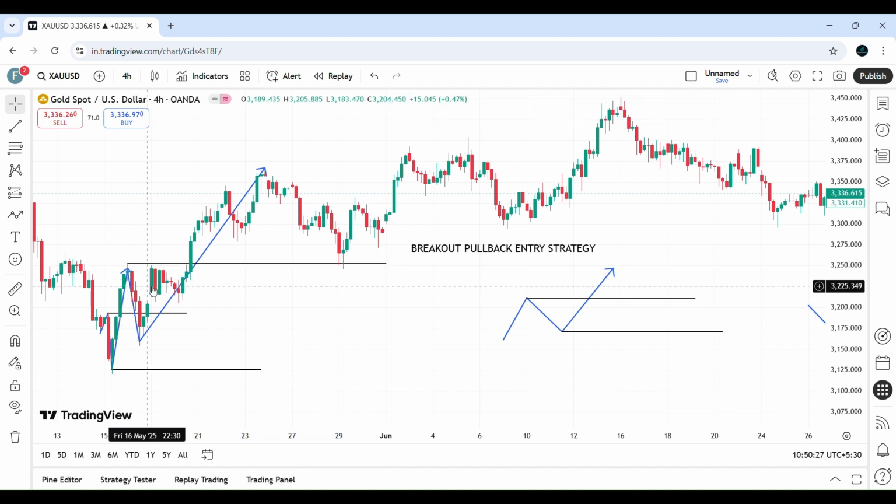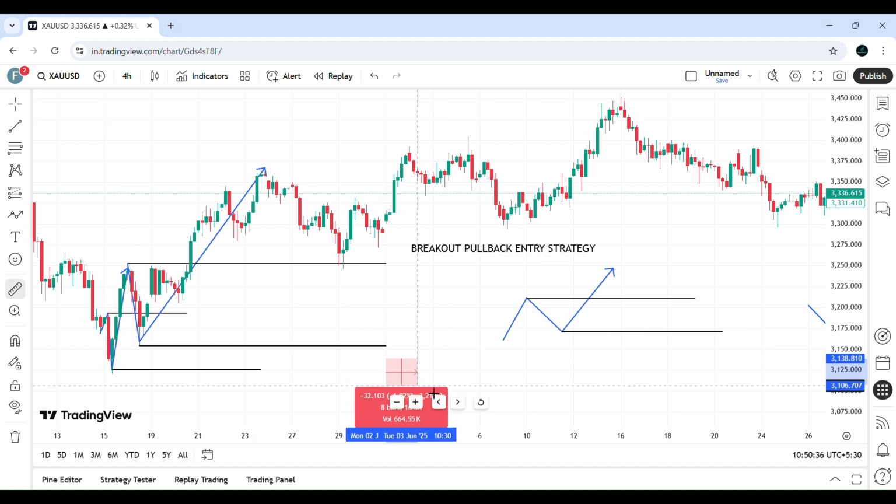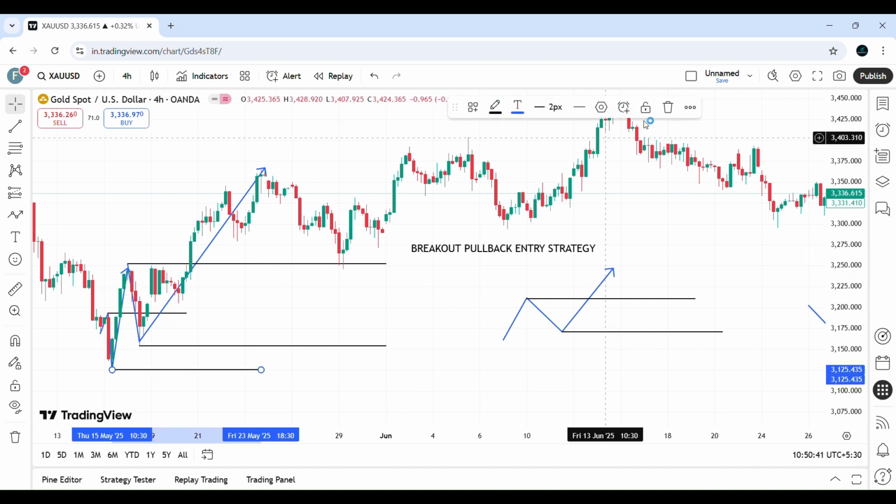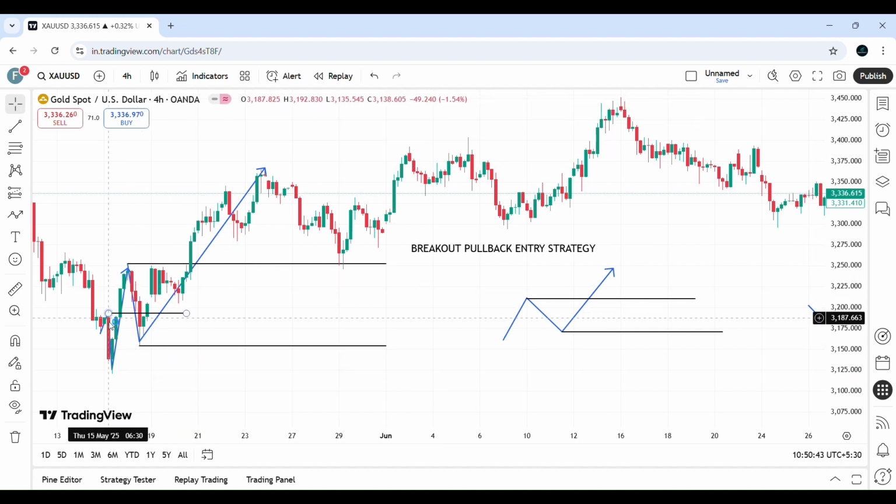Now let me just delete all these, or you'll get confused. See, this is our neckline. Price broke out. Where did it return to? It returned to our neckline area. Entry. Price flew again.